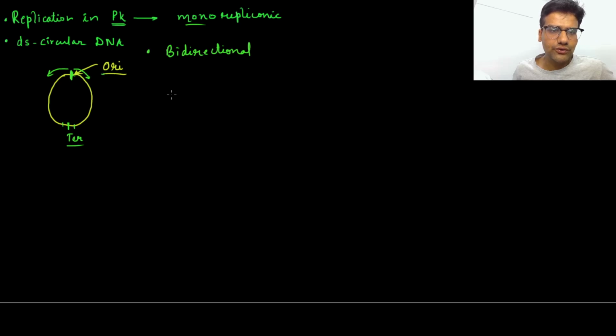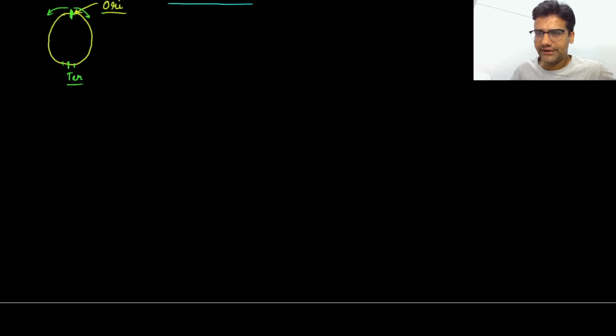So this is the ori. By now we know that DNA replication is monorepliconic and bidirectional in prokaryotes. Let's start with DNA replication in prokaryotes.